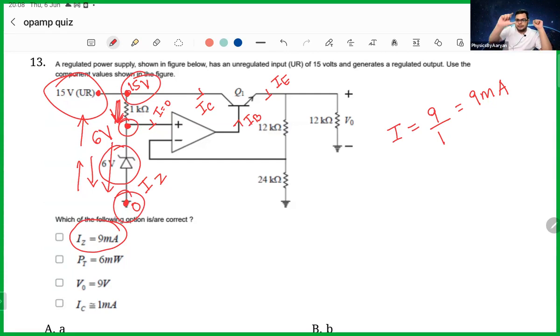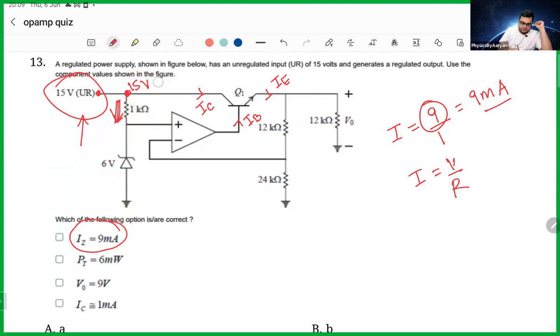Now I can find the current in the resistor. The current is the voltage difference, 15 minus 6, which is 9, divided by the resistance of 1 kilo ohm, so the current comes out to be 9 milliampere. The current in the resistor is 9 milliampere, so the current in the diode will also be 9 milliampere. So the Zener current is 9 milliampere.